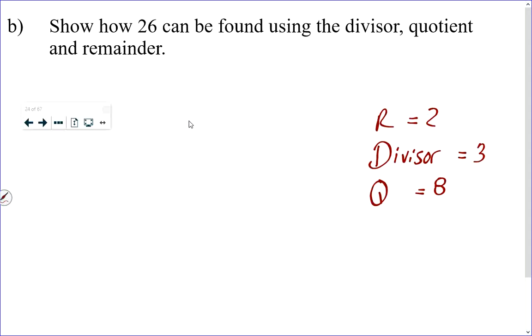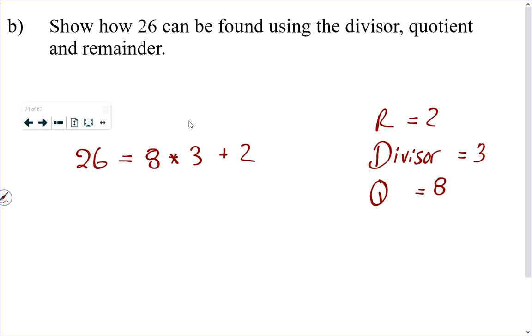Well, you multiply the 3 and the 8, and then you add the 2. So I can write 26 equals 8 times 3, 3 times 8, I don't really care, and then add the 2. Of course, this means, because of your order of operations, 8 times 3 first and then add 2. Does that make sense?